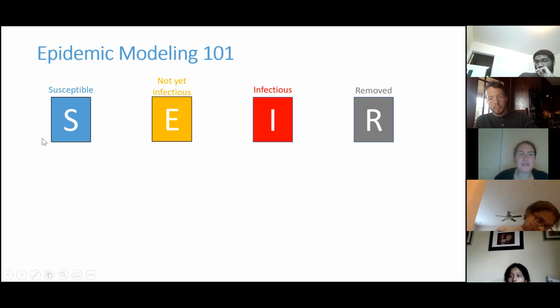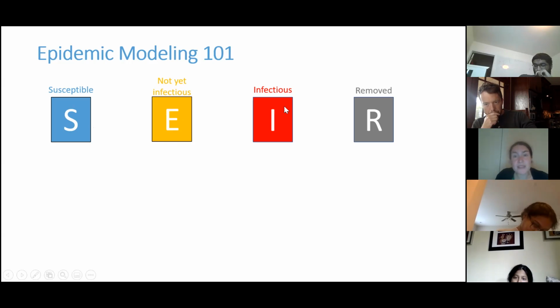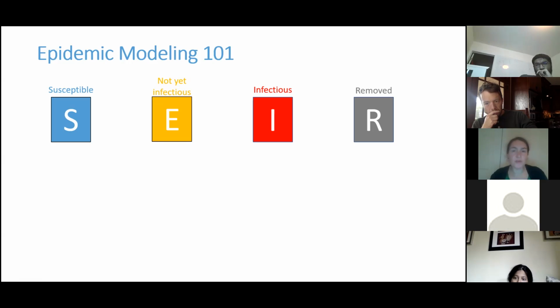Susceptible, S, so people who are not yet infected with an infection. Exposed, E, so infected but not yet infectious, or latently infected. I, where people are infected and infectious to others, and R, which represents people who are removed from the infectious population, the susceptible population, either through death from the infection or recovering and no longer being infectious.